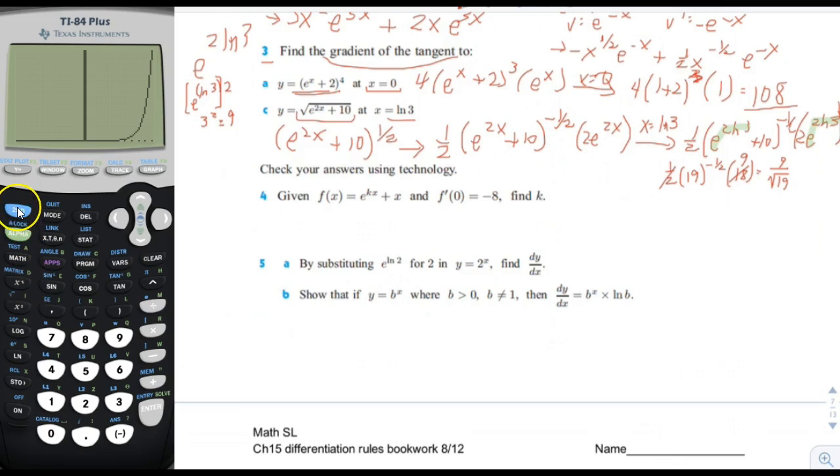Oh, it didn't work. So let's just see what natural log 3 is first. Natural log of 3 is 1.099. So I'm going to graph it, and then I'm going to do second calc, dy dx, and I'm going to do 1.099 because that's natural log of 3. And I get 2.07.